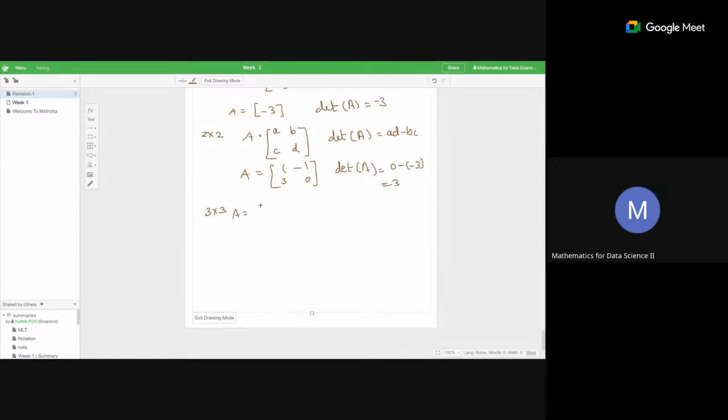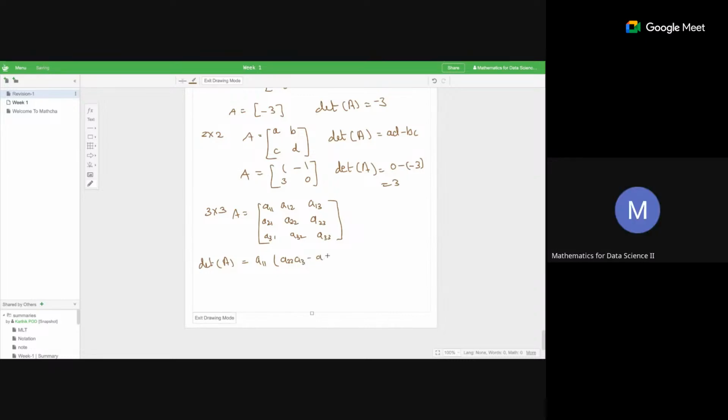So A, let us say, has entries a11, a12, a13, a21, a22, a23, a31, a32, a33. All right. So the determinant of A is going to be a11 times the determinant of this matrix. What is the determinant of this matrix? a22 a33 minus a23 a32.